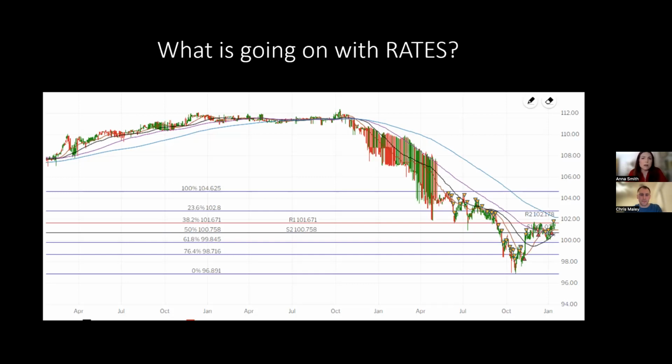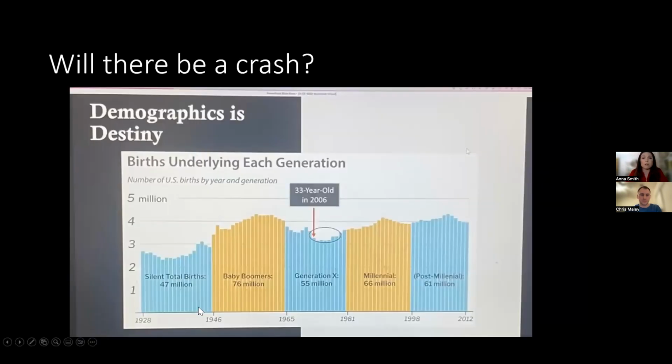But even though rates are higher, there is a huge pent-up demand for homes. And I'm not really even sure what order I put these slides in, so I might bounce around a little bit. But there's a huge demand for homes, okay? So a lot of people are like, oh my God, there's going to be another crash. Not happening, y'all. Not happening. We look at this graph from MBS Highway. It's a subscription that I have.